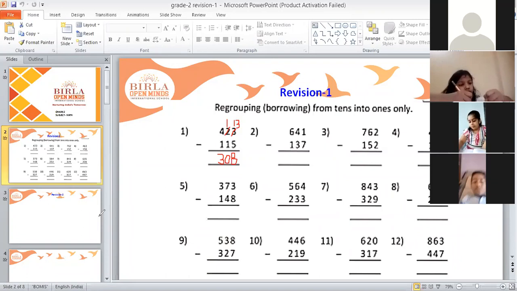Krishika, now you tell me the next one. Second. Now tell me what are the numbers in ones place. Krishika? Yeah, tell me what are the numbers in ones place. Second question.